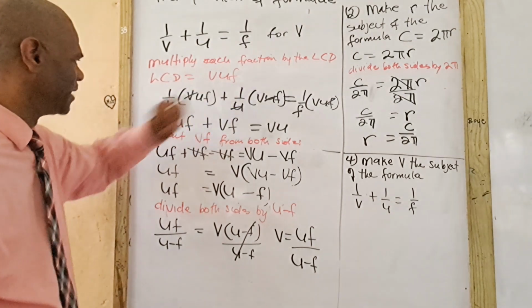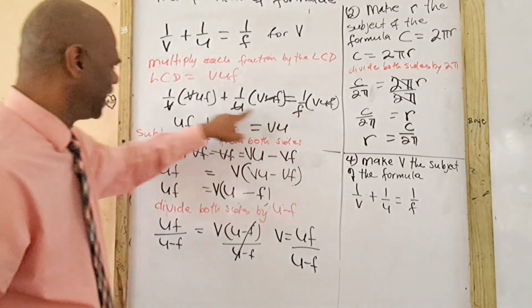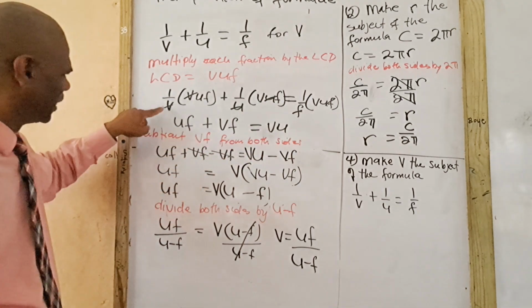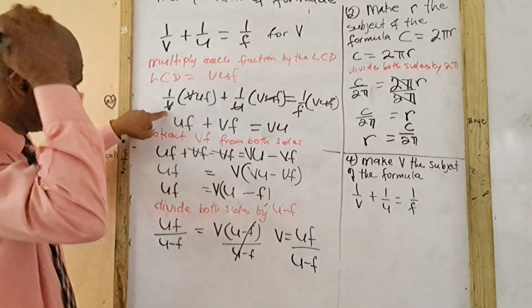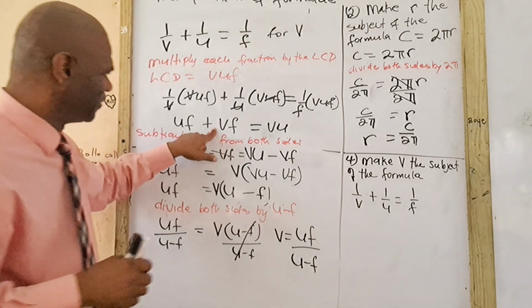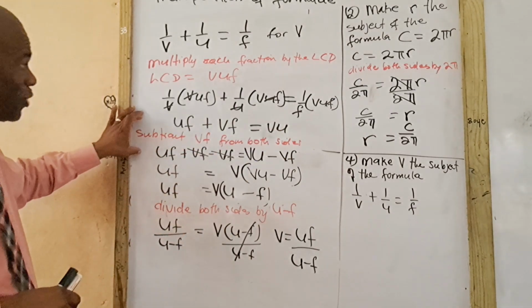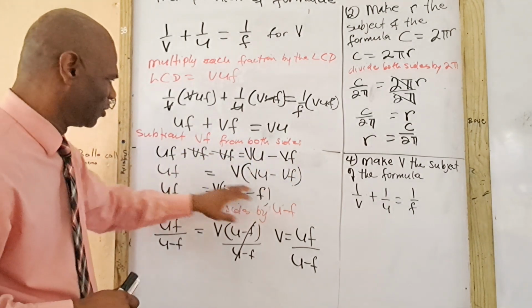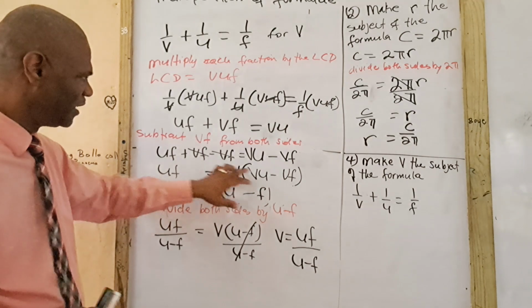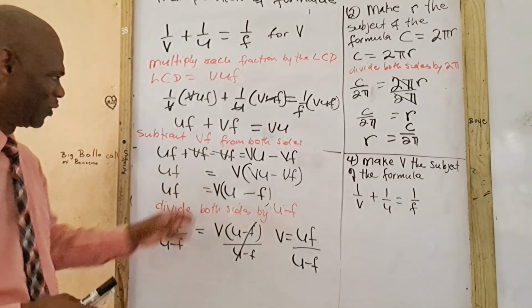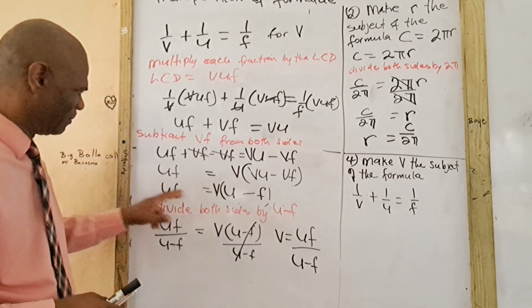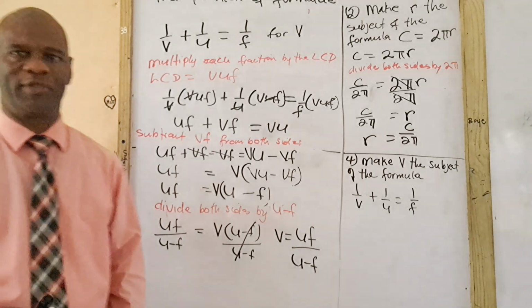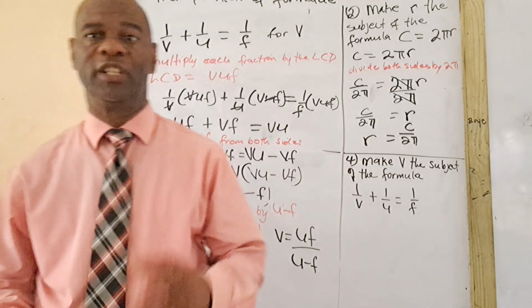Then we cancel out the like terms, leaving UF plus VF equals VU. Then we subtract VF from both sides, grouping like terms. Then we factor out the V, and divide both sides by U minus F, and there we have our result.